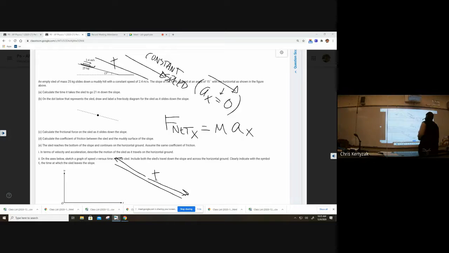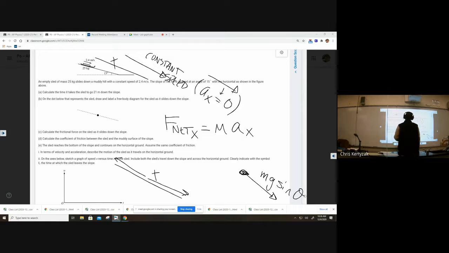So we already know that the amount of force that's pulling it down the ramp is mg sine theta. That's the component of gravity that pulls it down the ramp. The friction force is in the other direction, and these have to be equal, because this is 0. So m times 0 is 0.